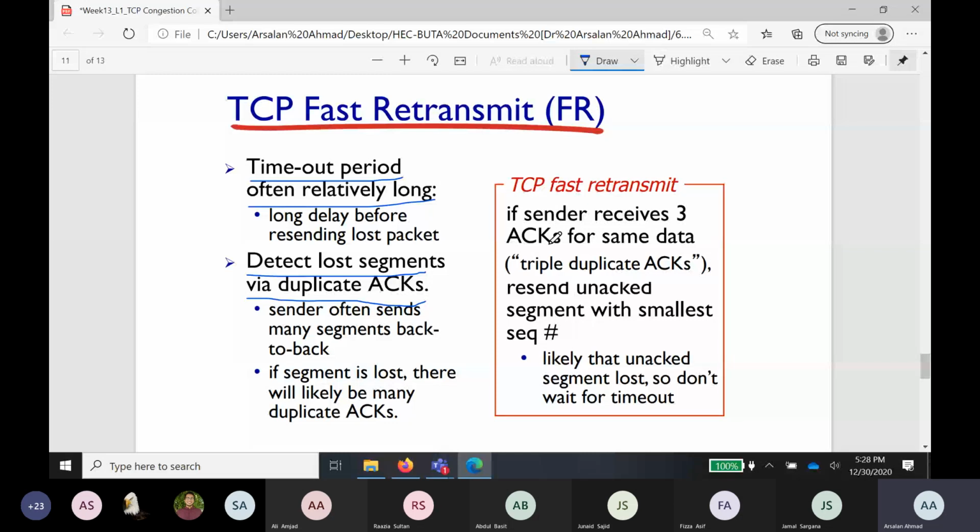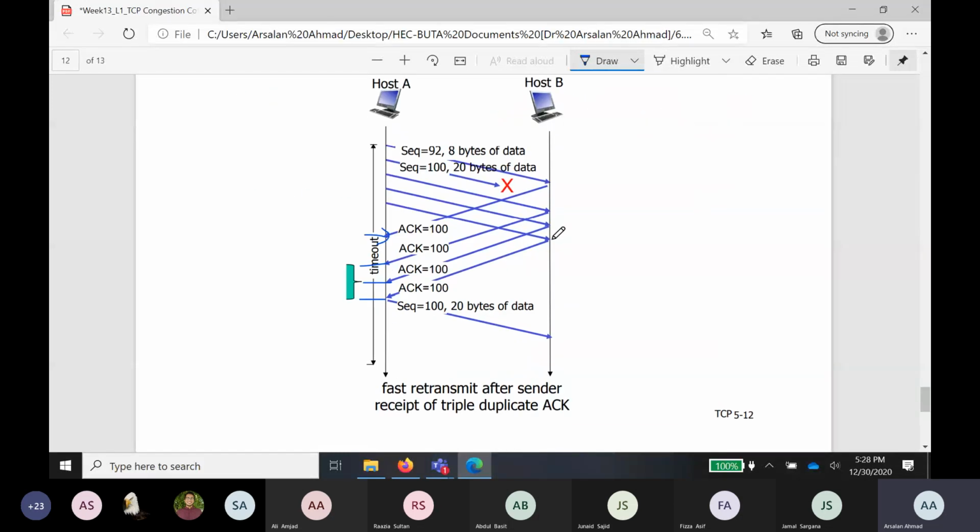It's just a safe number to assume, because if you look at this example, it can be a 4 duplicate rule or a 5 duplicate rule, but if after the original acknowledgement you are still receiving duplicate acknowledgements, then this certainly means that the packets later on are being received correctly.